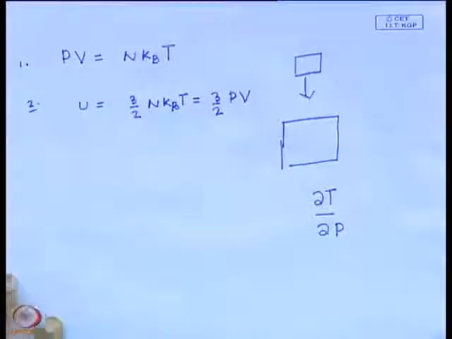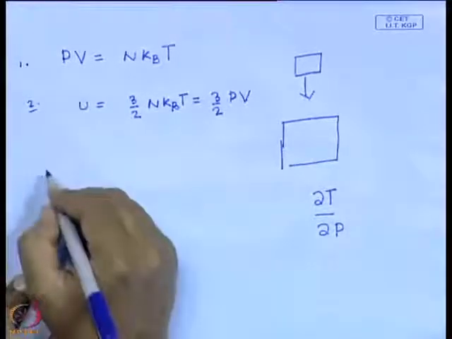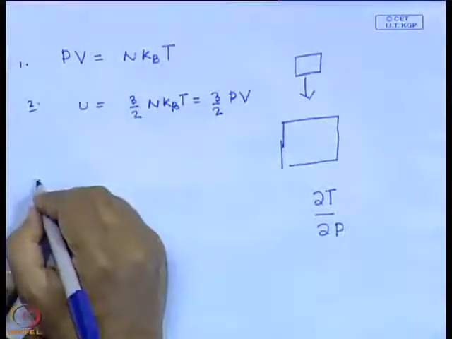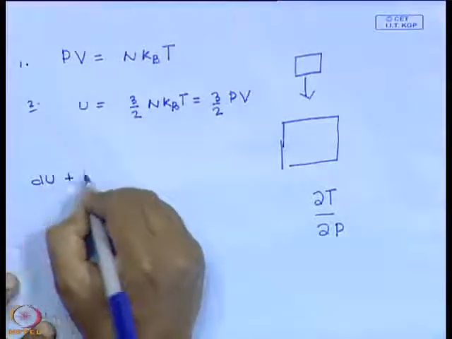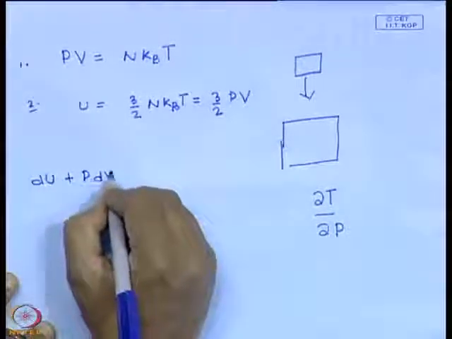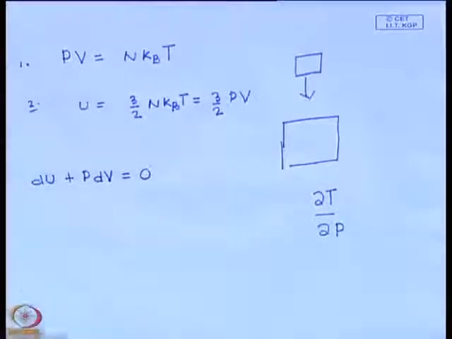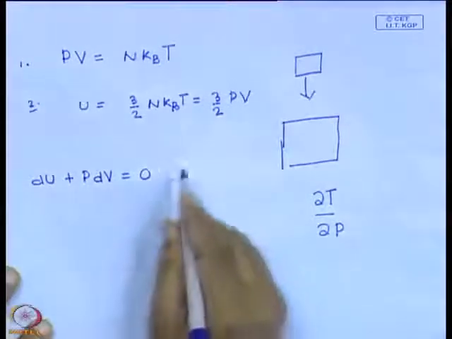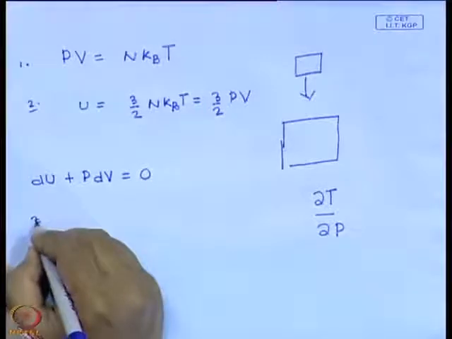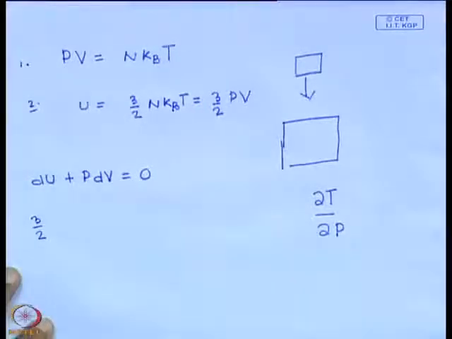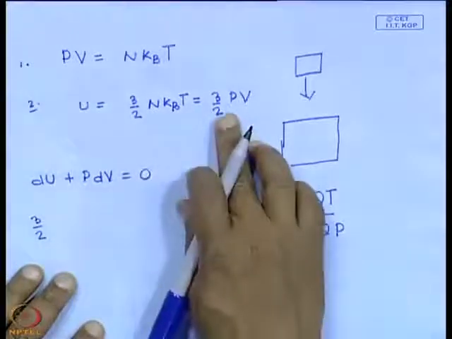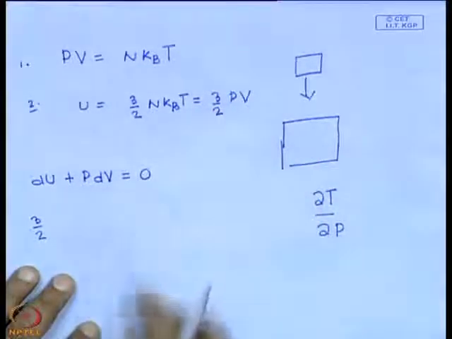Okay. Now, for an adiabatic process, applying the first law of thermodynamics, dU plus PdV is 0. Which can now be written as 3/2, and here we will have two terms. One will be PdV when I differentiate this, and the other one will be VdP.